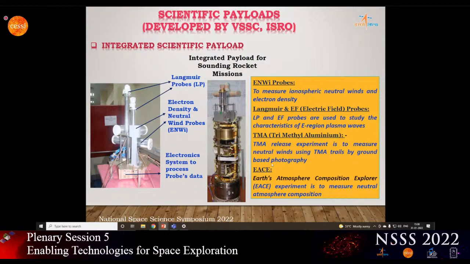We assemble it into the payload, which is kept as a stacked module over the motor case, and subsequently carries out our missions, which are pre-decided based on the sequencing, measurement schemes and data acquisition units, and we provide all such facilities to our space scientists.